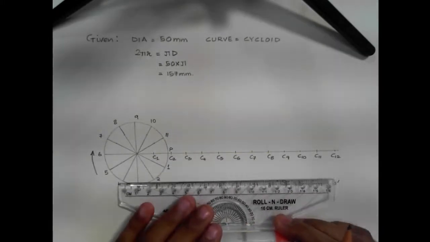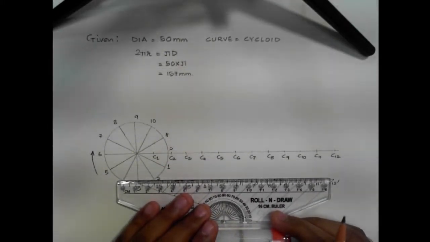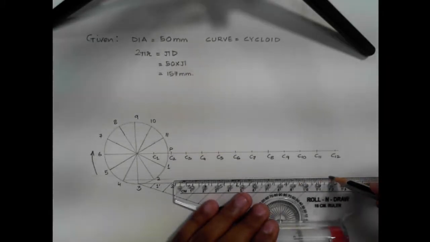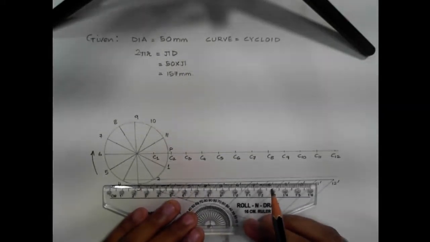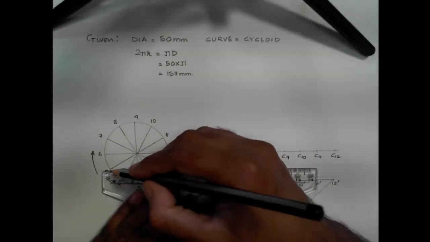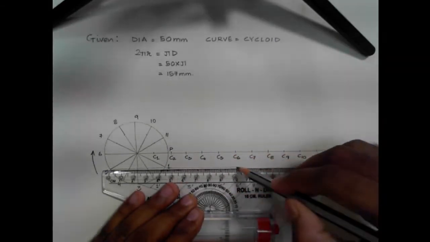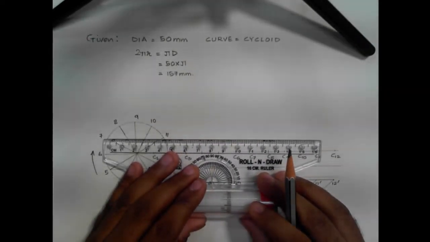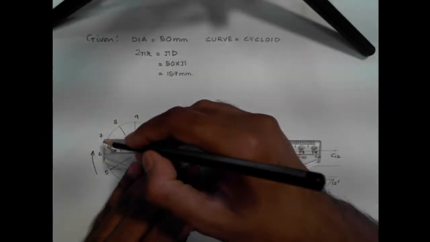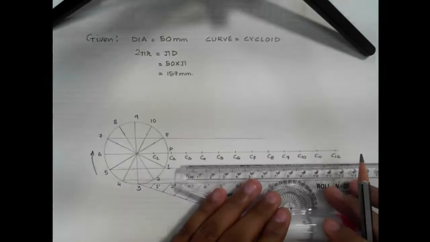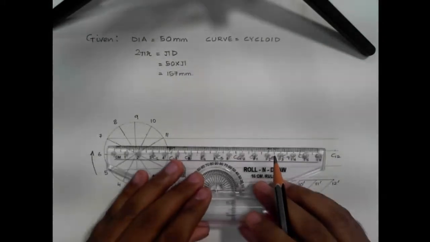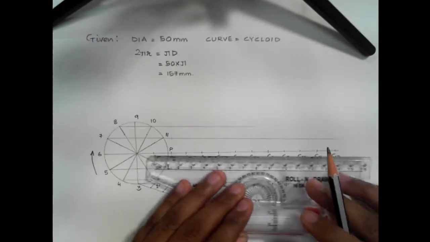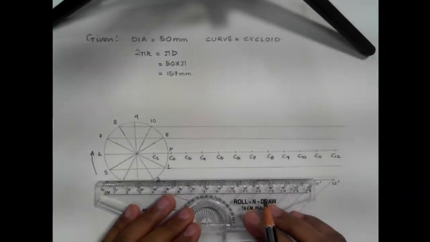Now take all the lines which will be passing through 4 and 2, then 5 and 1, take parallel lines, similarly 7 and 11, then 8 and 10, again 9.